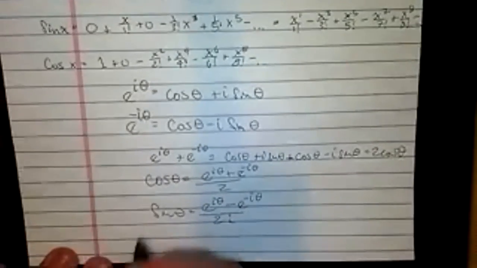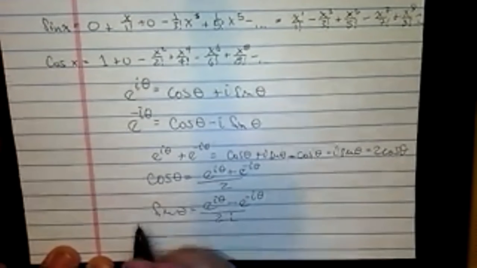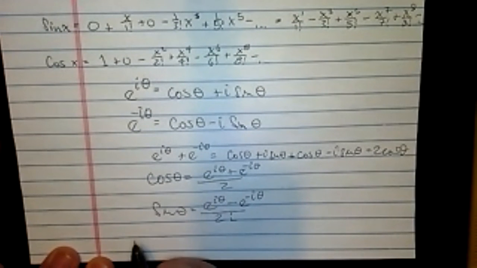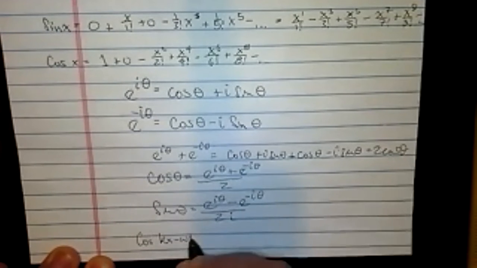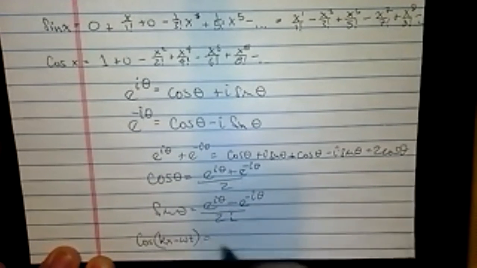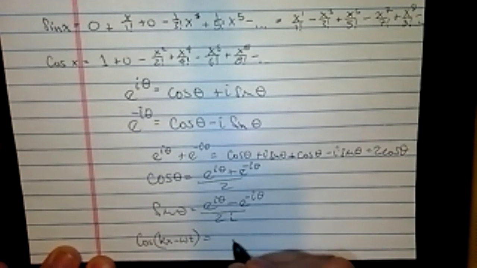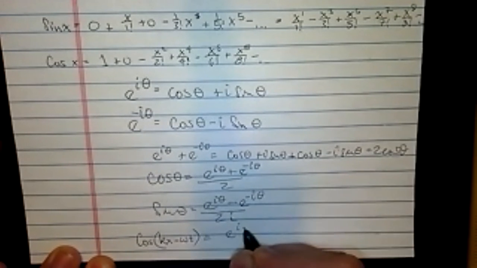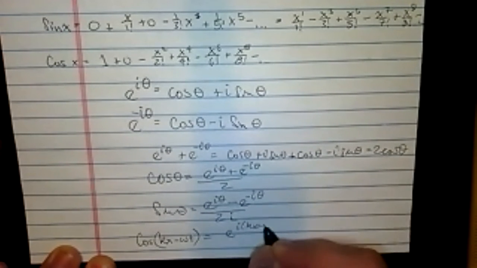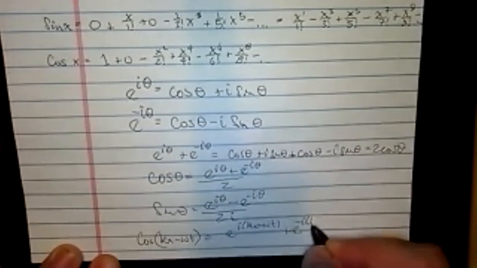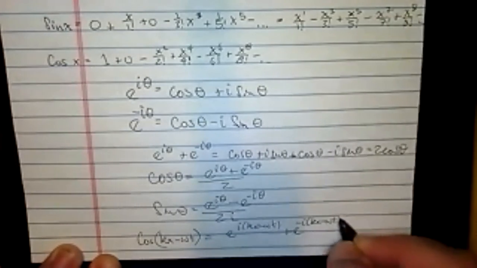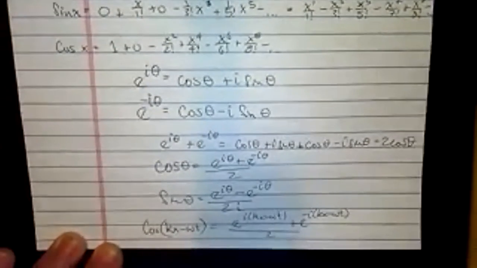So all of this allows us to do cool things like if we want to talk about basically cosine of kx minus omega t, we can use that as e to the i(kx minus omega t) plus e to the negative i(kx minus omega t) over 2.